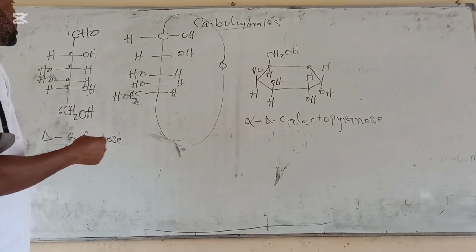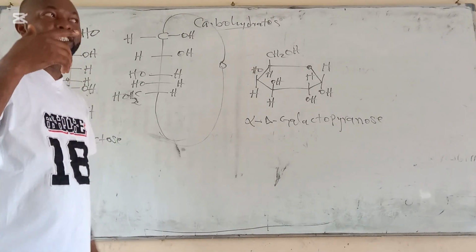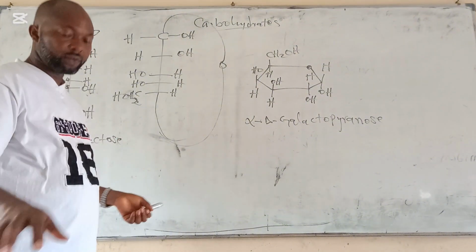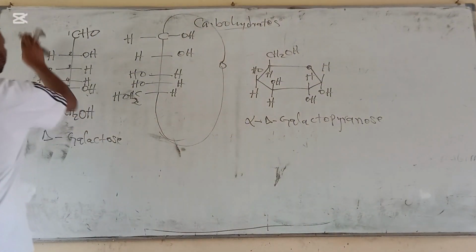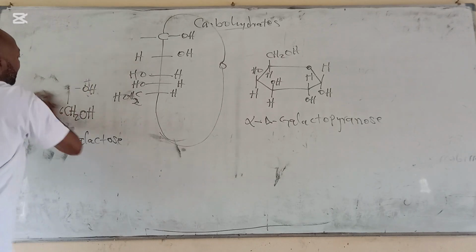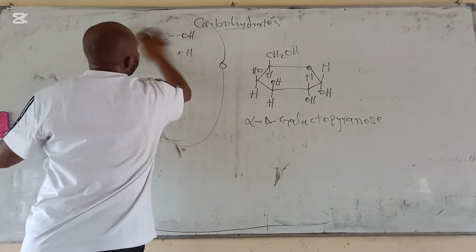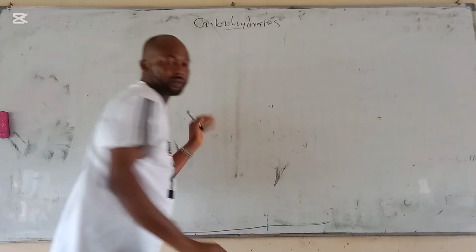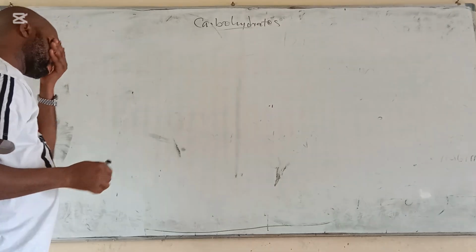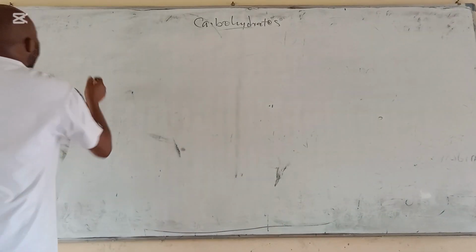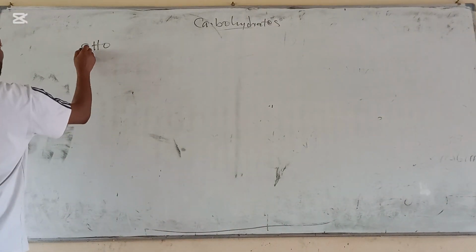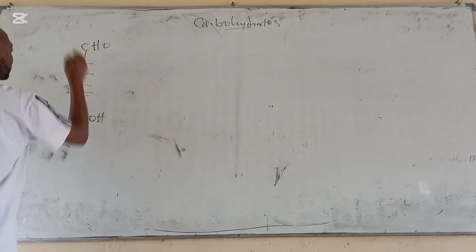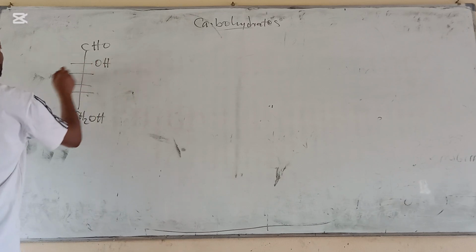Now, I want to deal with beta D glucopyranose. So, in that sense, this is what I'll do. This is my glucose. Now, glucose is this.